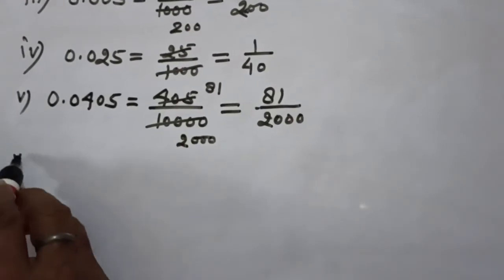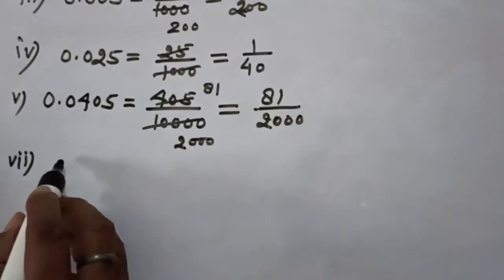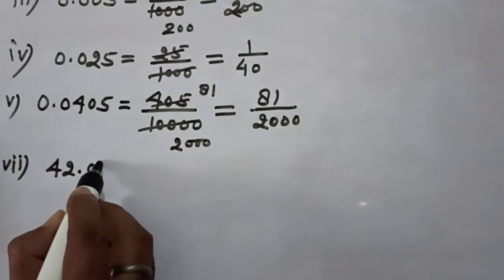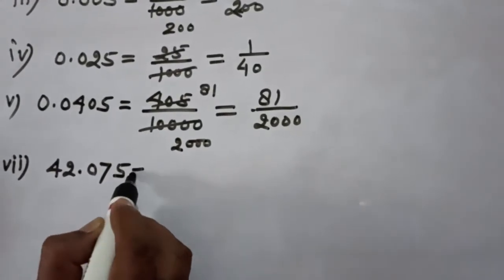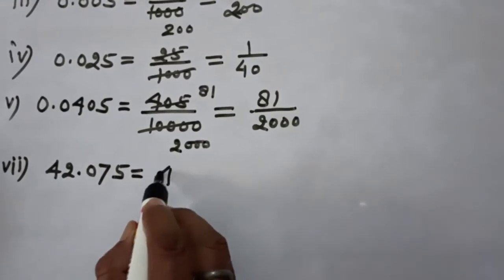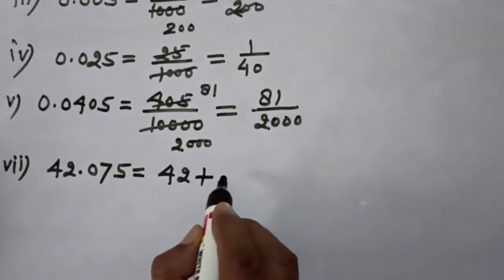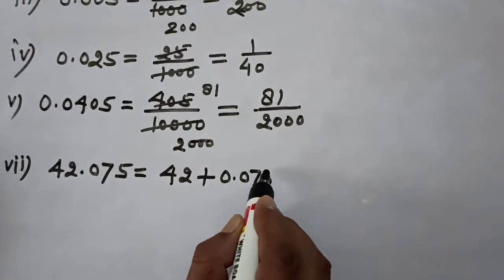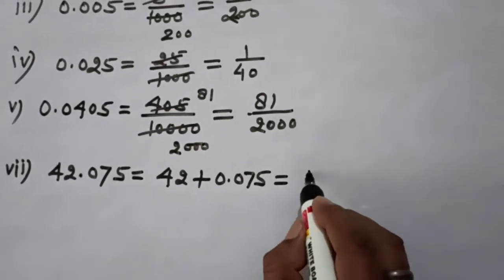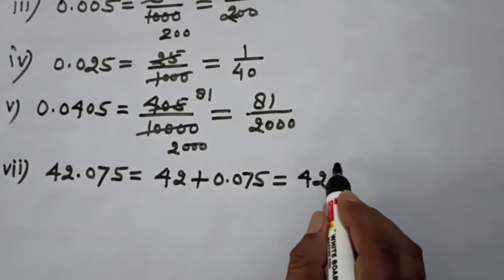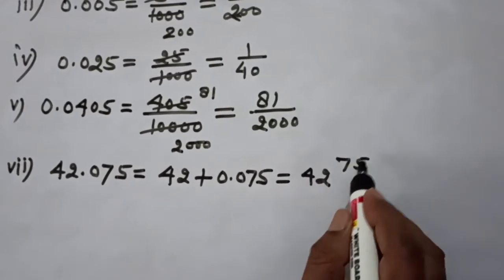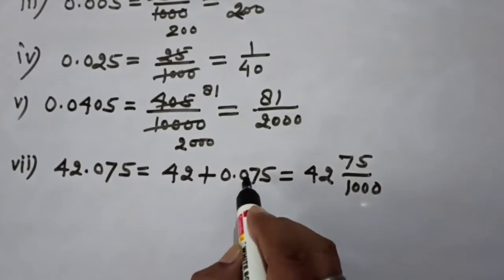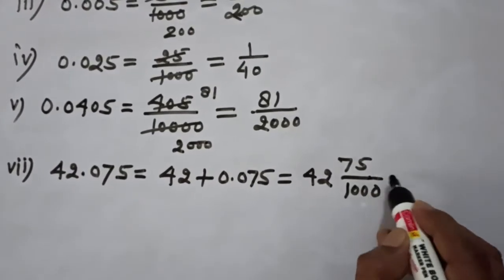Similarly, seventh part I am telling, 42.075. 42.075 means 42 plus 0.075. So you can write 42 and 75 upon 1000, after 3 places.